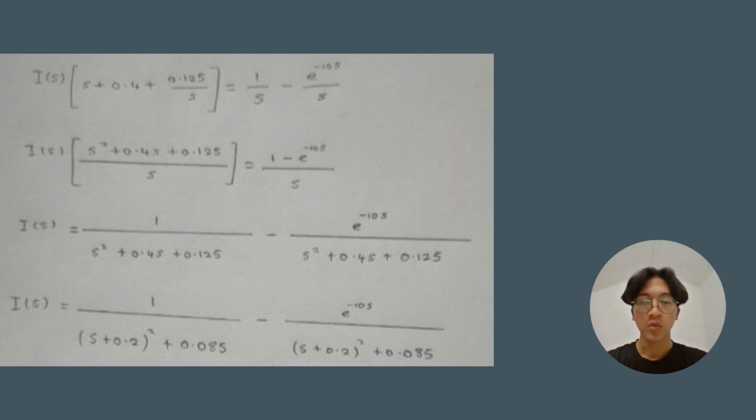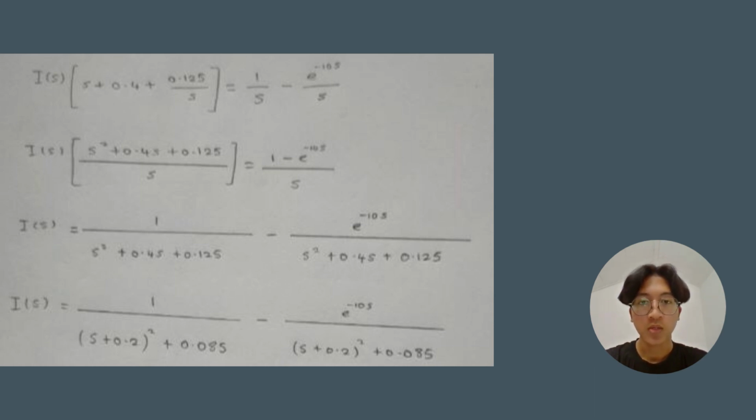To solve the problem, we have to apply the Laplace transform. Right here we have applied the Laplace transform, and we have to substitute the initial condition, that is I(0) equals 0. So we have done here, and then we have to solve for I(s).